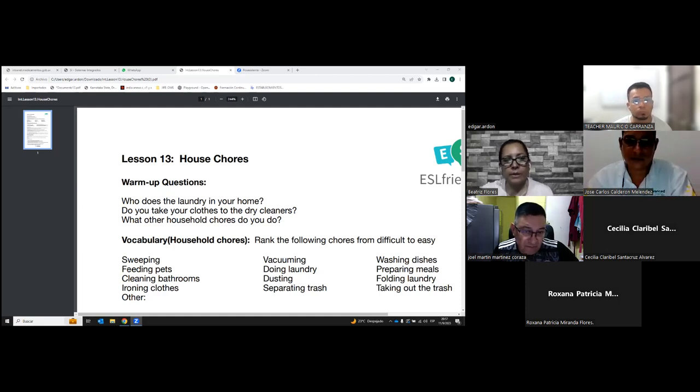In my case, I'm sorry, Jose Carlos, how do you say podar? Podar. Depending, right? If it is a tree or if it is the grass. I don't know, all the plants in the garden.